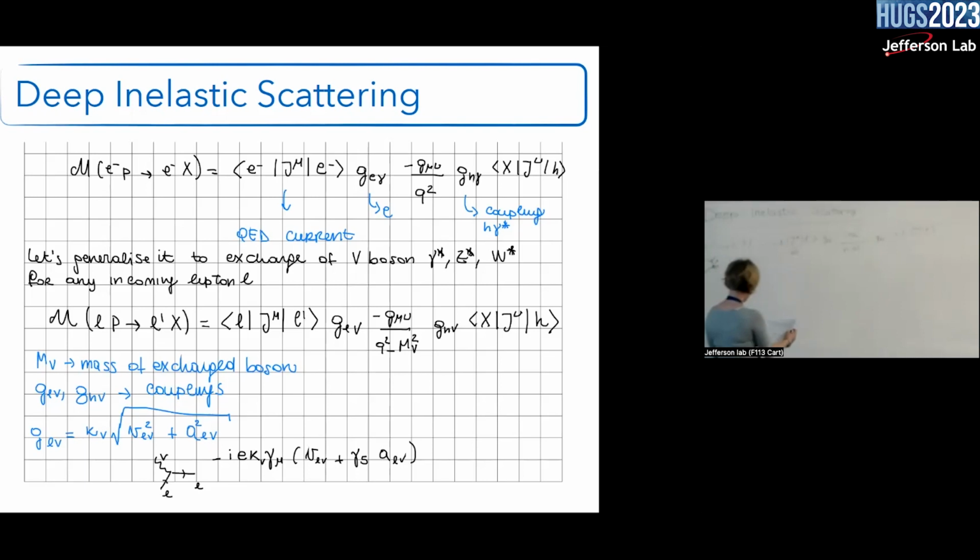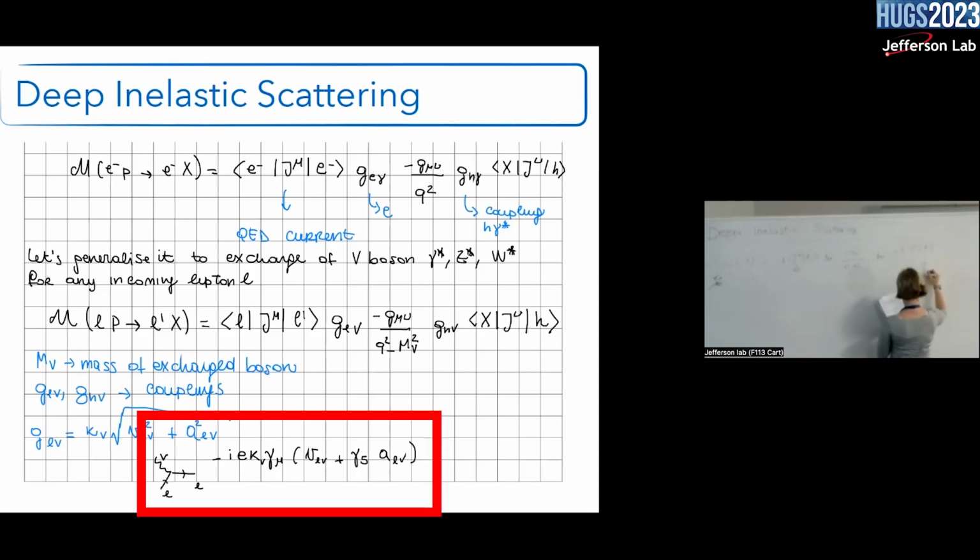And you know, but anyway, it's written in the exercises that this coupling over here, you know the Feynman rule, no? So if you have V, and here you have L prime, the Feynman rule is minus i e gamma_mu, and then you have the vectorial coupling V plus gamma 5, the axial coupling, okay?